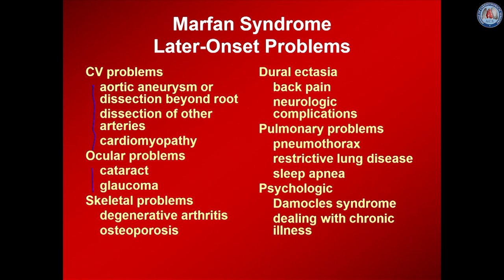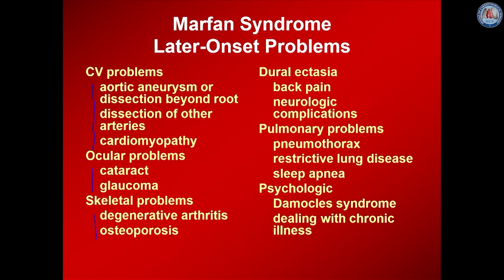However, the development of cataract and glaucoma are not at all understood. Skeletal problems such as degenerative arthritis and osteoporosis are extremely common and should be carefully monitored and treated as necessary.